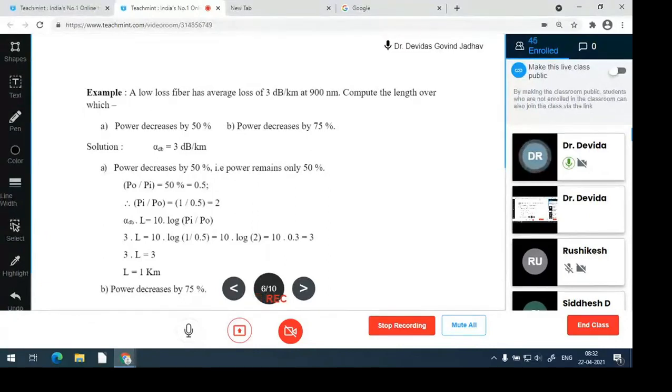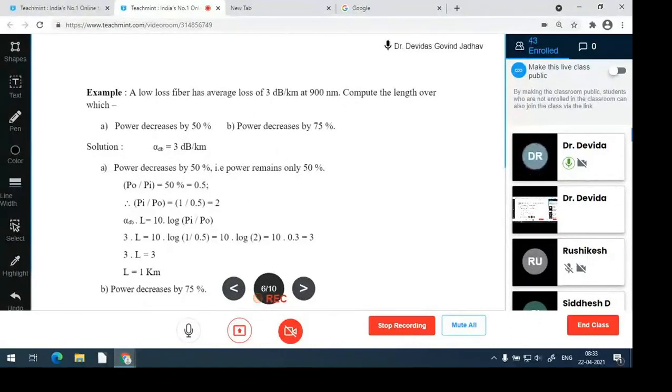So the operating wavelength is 900 nanometer. Compute the length over which A, power decreases by 50%, and B, power decreases by 75%. So two conditions are given. For these two conditions, we have to find out the length of the fiber.